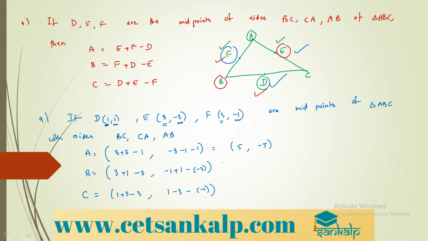So A is (5, -5). For B, 3 and -3 cancel, so 1. -1 and 1 cancel, so 3. B is (1, 3). For C, 3 and -3 cancel, 1. And here, 1 minus 3 is -2, plus 1 is -1. So C is (1, -1).